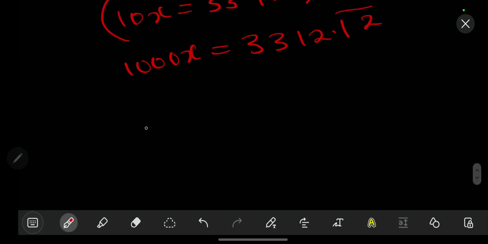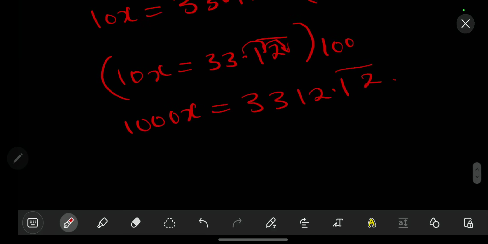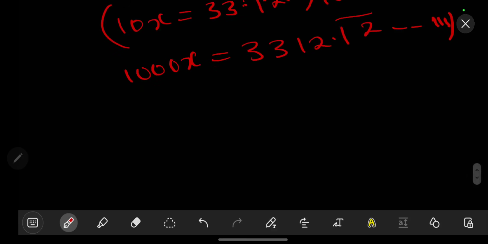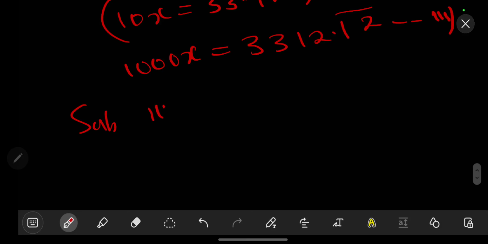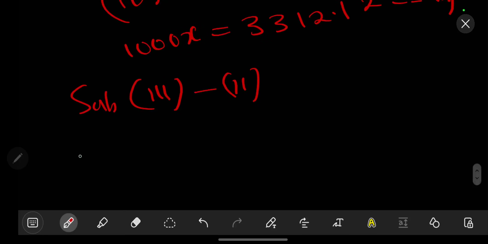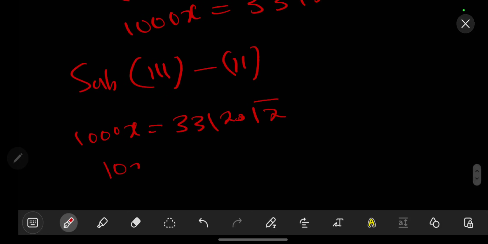So we have our equation 3. To find the value, since we have another number with the same repeating digits, we can subtract them. Subtracting equation 2 from equation 3, we get 1000x equal to 3312.12 repeating, minus 10x which is equal to 33.12 repeating.